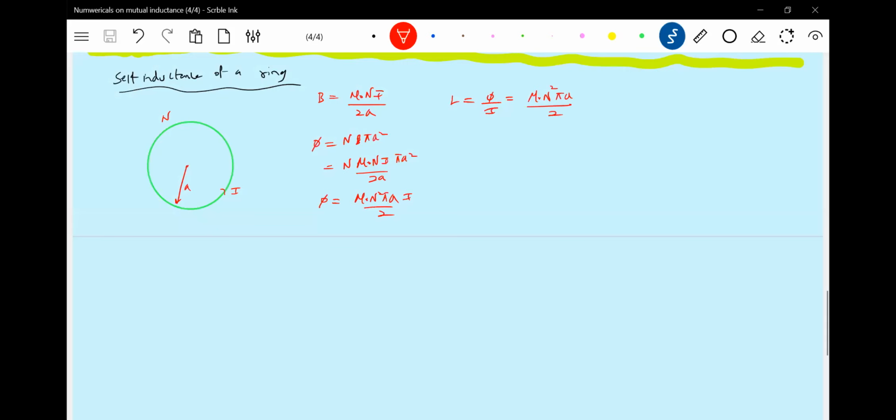If there is 1 turn, then N will not be there. Put N equal to 1. The idea is the same as in the above problem. Flux linking the coil to the current in the coil. The ratio of that is what? The self-inductance.